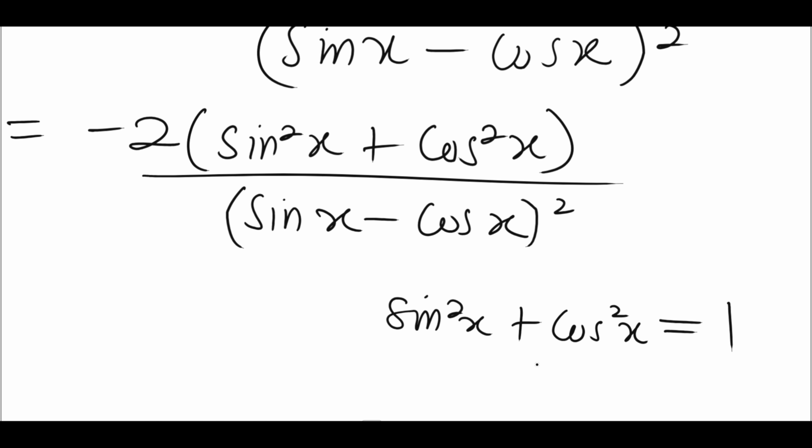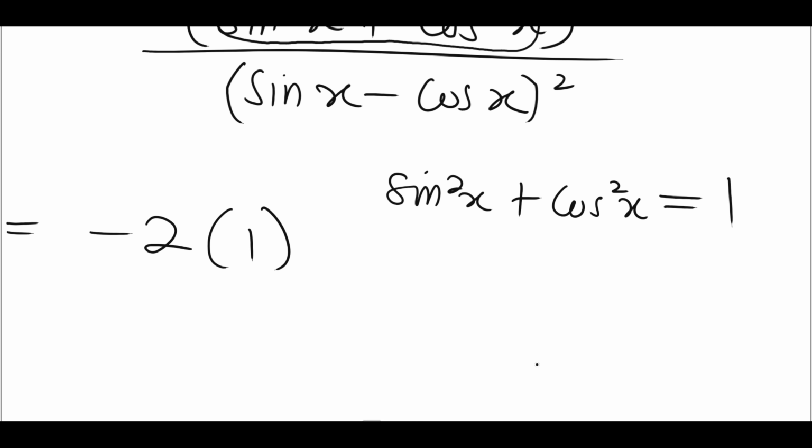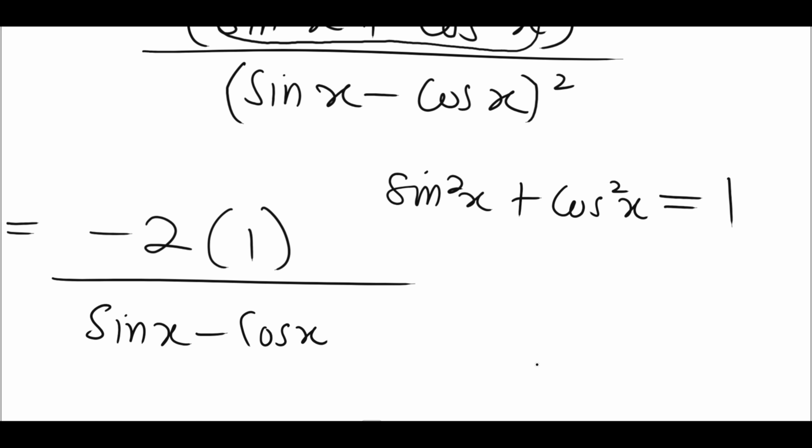We are going to use it to replace the sin x squared plus cos x squared in the bracket of the numerator. So we have negative 2 multiplying 1, because 1 is the same as sin x squared plus cos x squared, divided by (sin x minus cos x) in brackets squared.